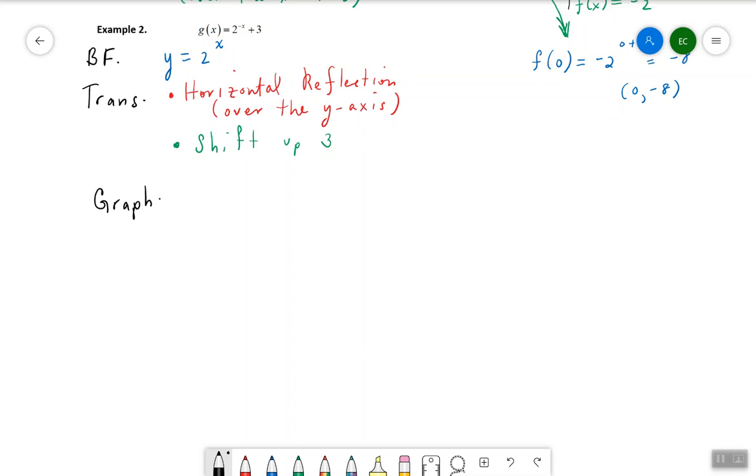Might be good if you pause the video and try to graph it for yourself. We can start with the x and y axis, and we can draw the basic function again.